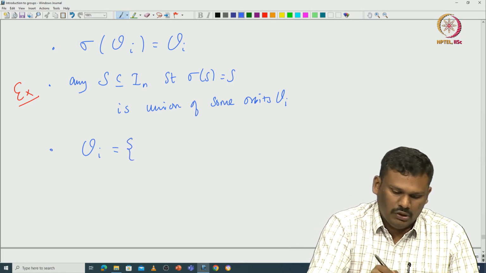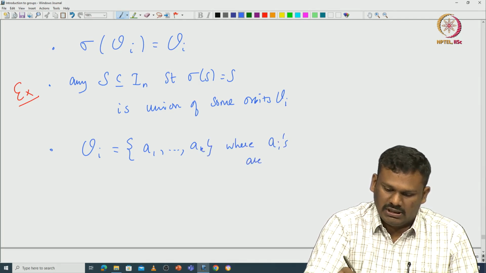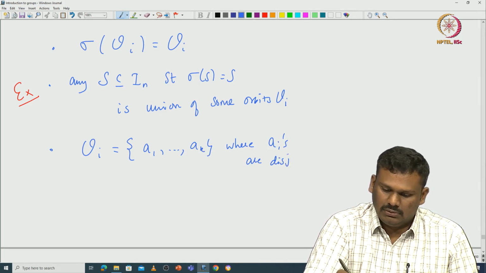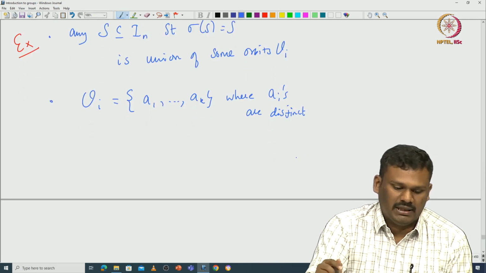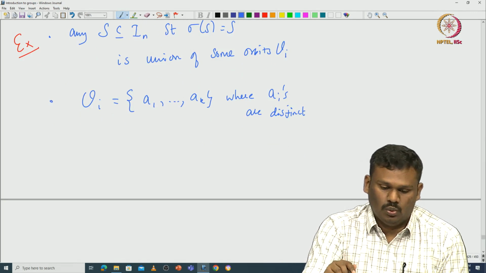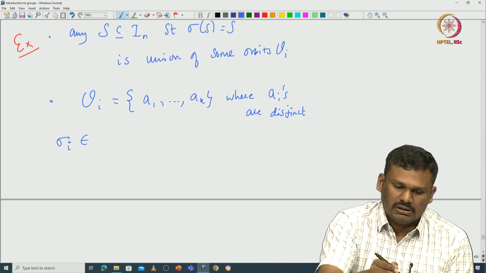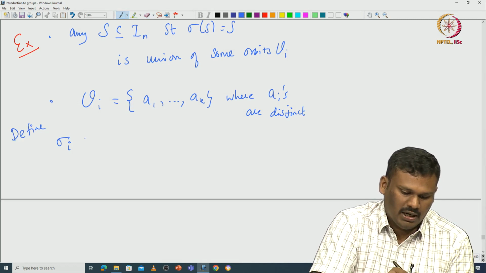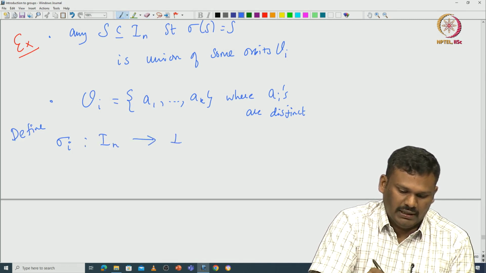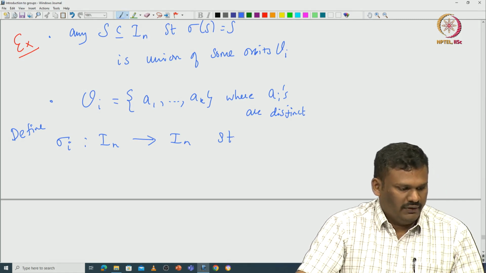So if you denote this by a_1 through a_k, where these a's are all distinct, then there is a natural permutation associated with this orbit. You define sigma_i as follows: define sigma_i from I_n to I_n.